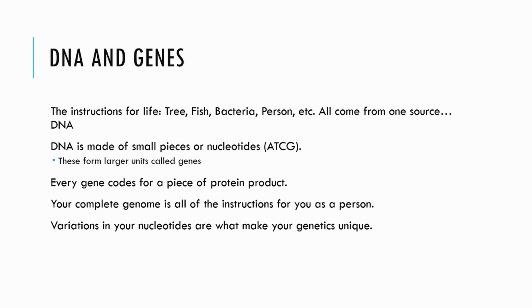And these genes code for a protein or a piece of a protein product. The entire genome is all of the instructions, all of the DNA that makes you as a person, and it's the variations in these nucleotides, the different order that we can put them in, that gives us our unique nature and makes us different from every other living person on the planet.